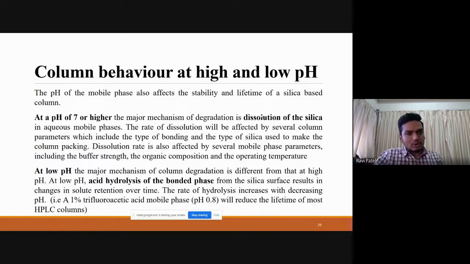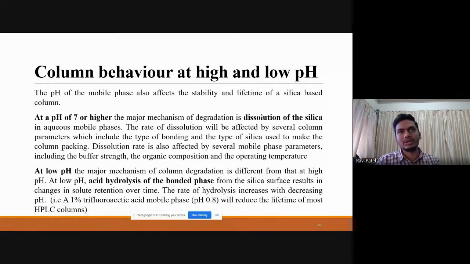pH is also important with respect to our column behavior, because if we are dealing with a higher pH, above 7 or 8 or 9, right? Generally a column is made up of silica bonded with some functional group.